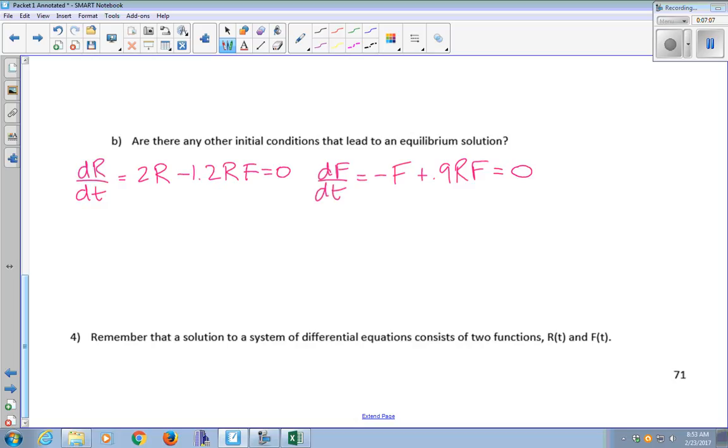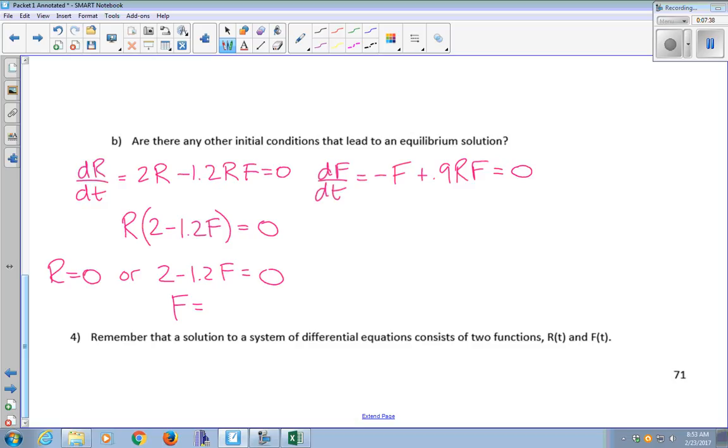So in this first equation, there's an R in both terms, so I'm going to factor it out. And I don't even need the other equation to solve this. This says R equals 0, or 2 minus 1.2F equals 0, and then this is a simple linear equation. And you get F is 2 over 1.2. No, that's not right.